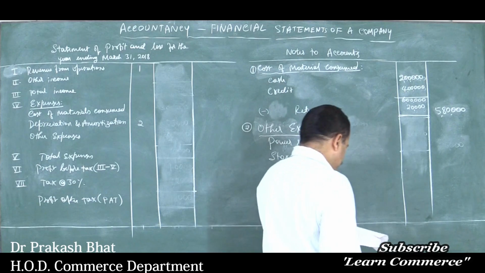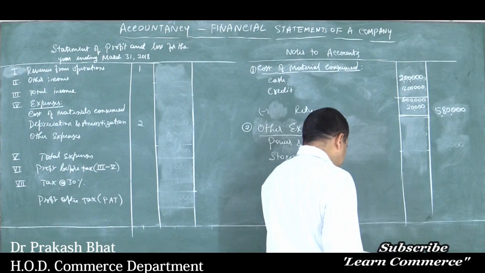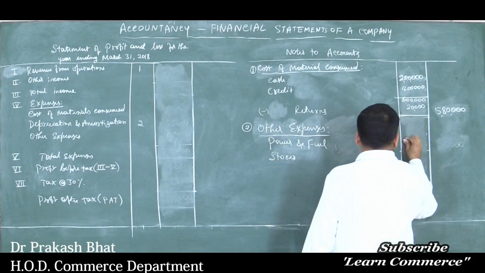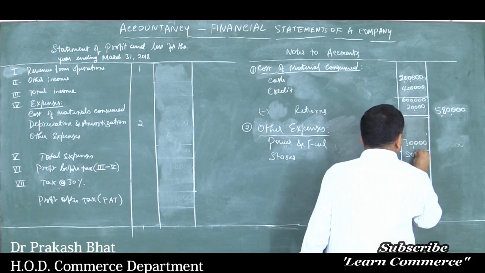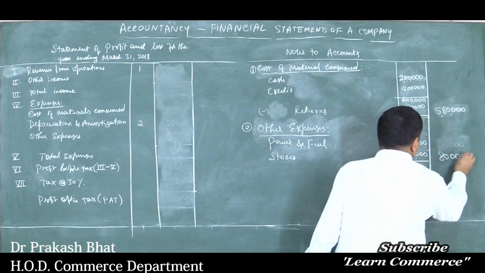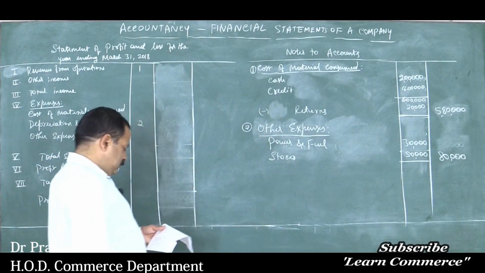Power and fuel, how much? 30,000 and the other one is 50,000. So 80,000 in the outer column. That's all.